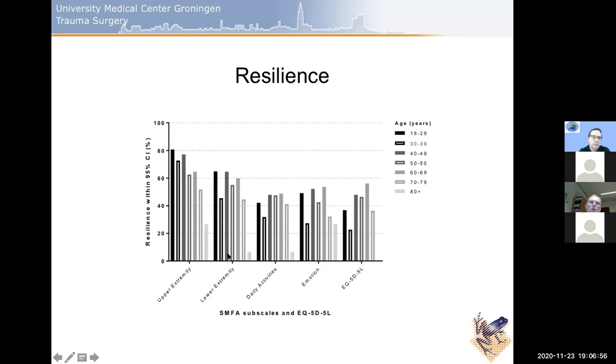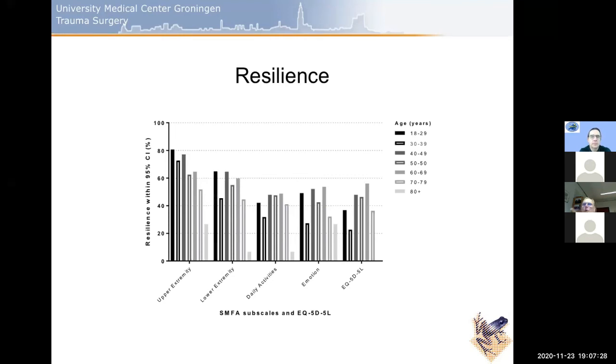But if you look at the lower extremity, you see here a dip at the age group of 30 to 39, and you can see this here too. And even if you look at this, you can say that the group of 60 to 69 is much more resilient than the younger group in the EQ-5D.